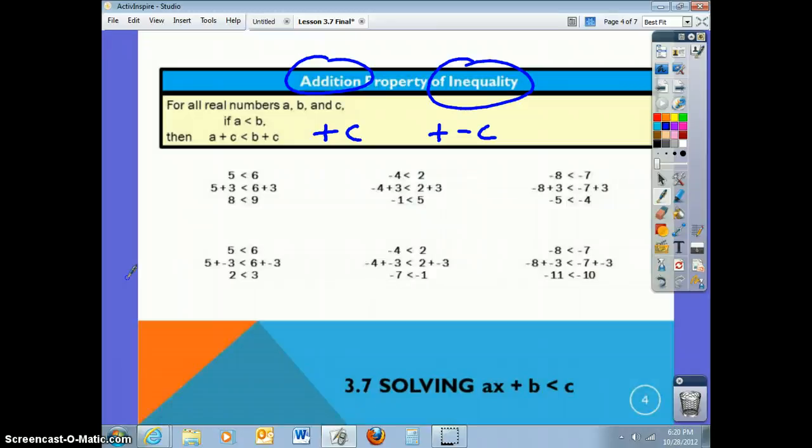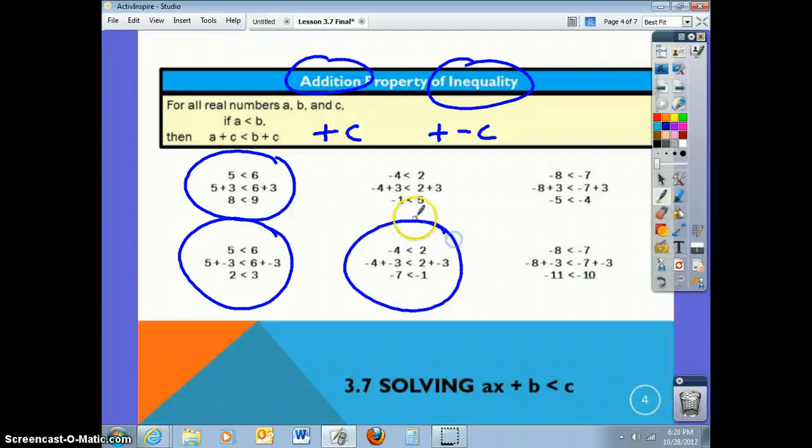So this time, instead of adding 3 to both sides, we're going to add a negative 3 to both sides. So 5 is less than 6, and we say 5 plus a negative 3 is less than 6 plus a negative 3, and sure enough, 2 is less than 3. That's true. Then I did it again using a negative 4 and a positive 2, and added a negative 3 to both sides.